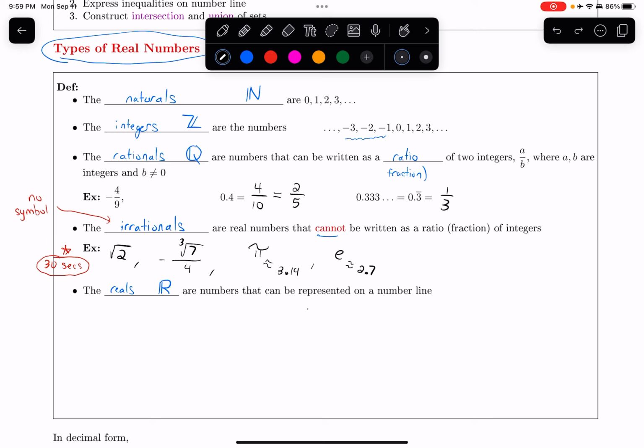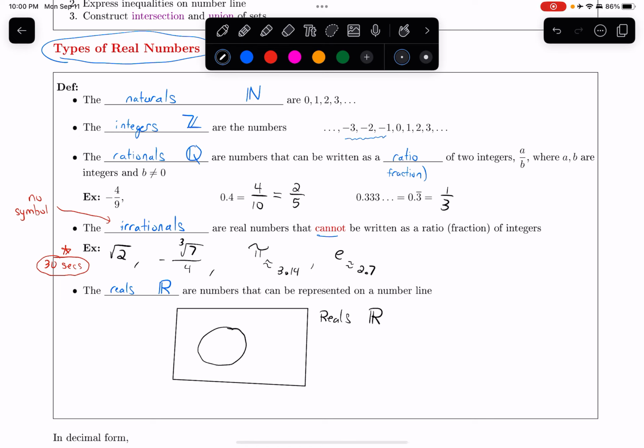So if I have a rectangle, here that denotes all of the reals, any real number, and my symbol for reals is a double vertical line, and then I draw that capital R. Within that reals rectangle, imagine I have a circle that contains all of the rationals.